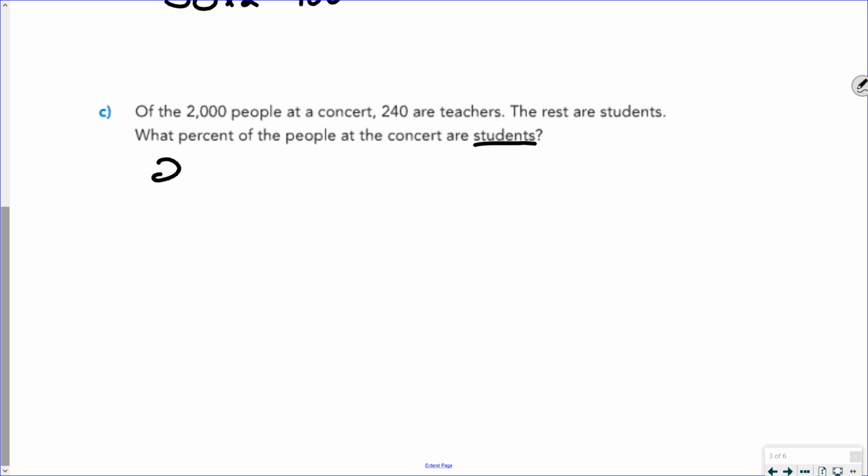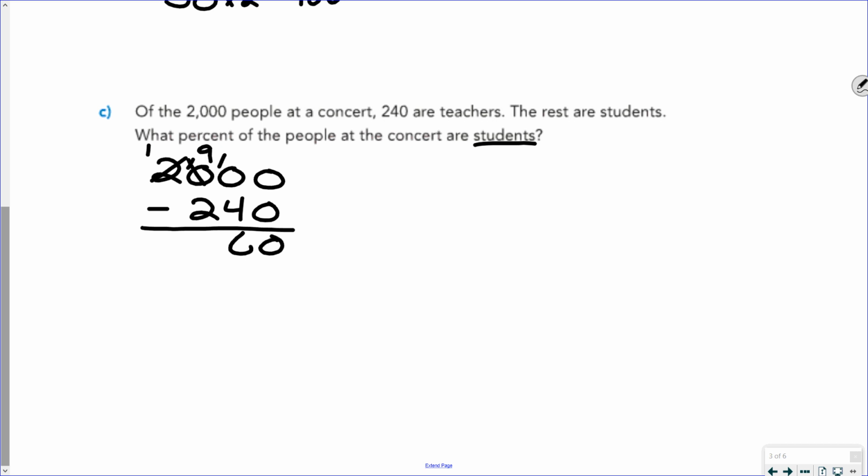But since we know how many total people are there, and we know that there are 240 teachers, and they're split up into two groups, either students or teachers, we do some subtraction, do some borrowing here, and we would find that there are 1,760 students. So what fraction of the people are students?